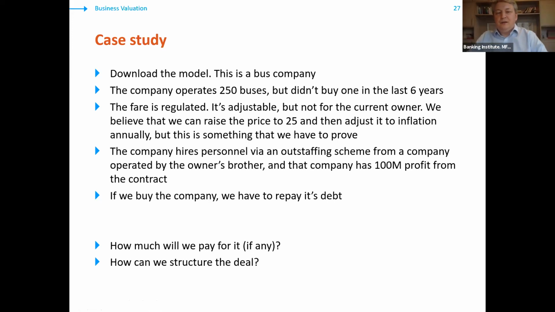How much will you pay for this company if you agree to buy it, for any price? And how would you offer the deal to the seller? Can you structure the deal somehow so that it would be less risky for you? And if you answer the first question correctly, you get 10% to your final mark. So there's a reason for you to volunteer if you believe you can offer something.